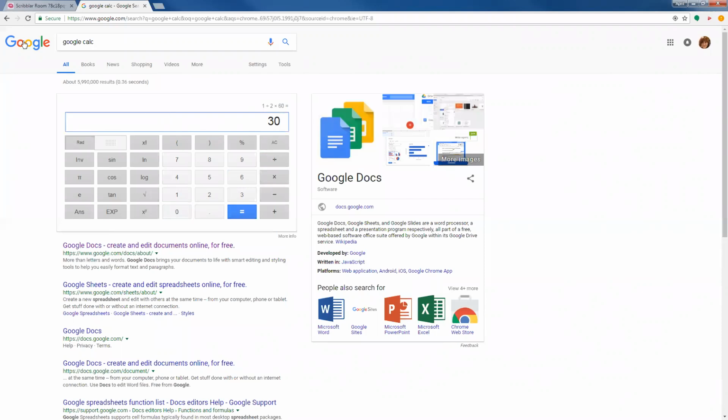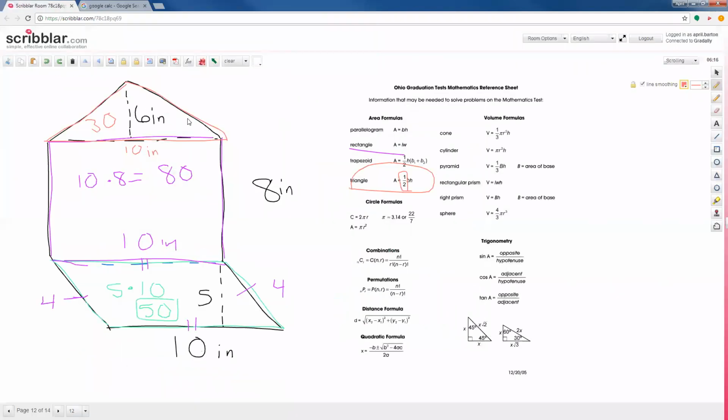Yep. Oh, I already wrote the 30 in. So does that make sense why that's a 30? If you have 1/2 times the 6 times the 10, that's a 6 inside for this triangle.